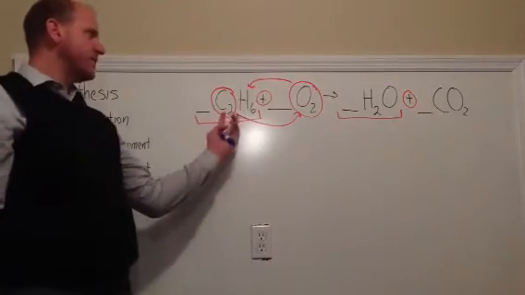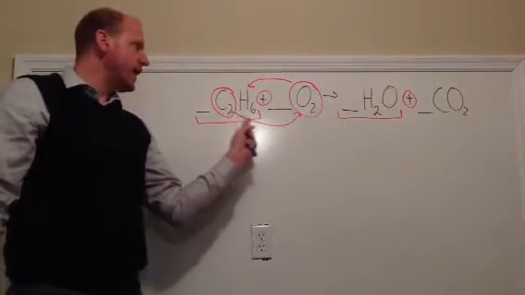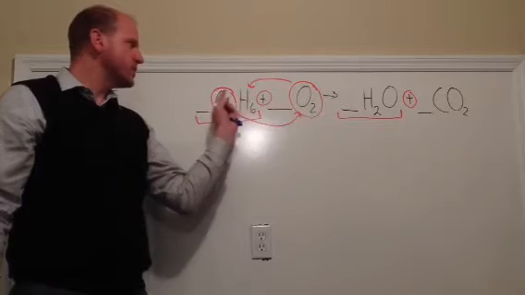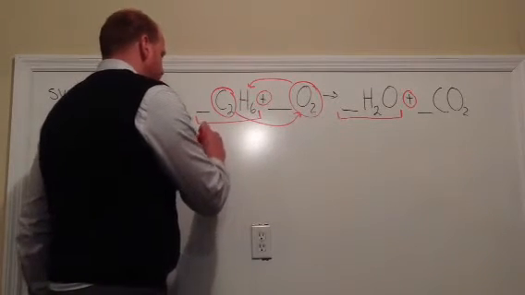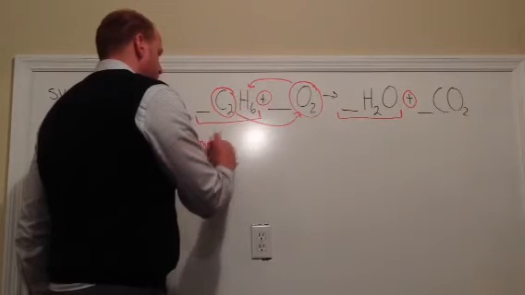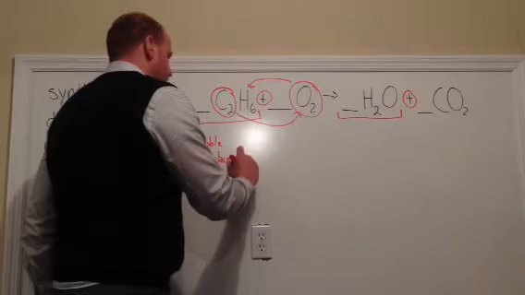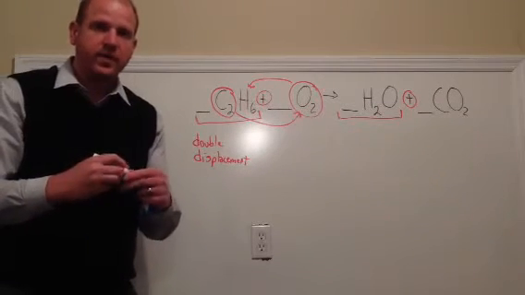So now, instead of having CH, we have HO. The C had to move out and the O had to move in. Therefore, since two elements have moved, this is a double displacement. We'll continue to go through more of these in the other problems.